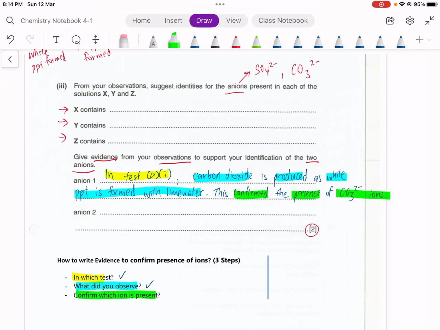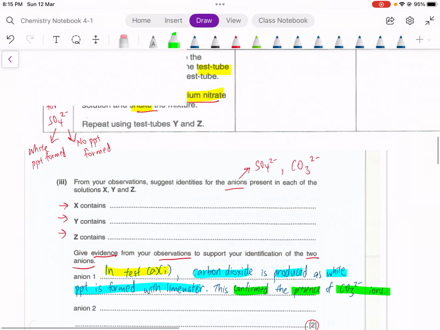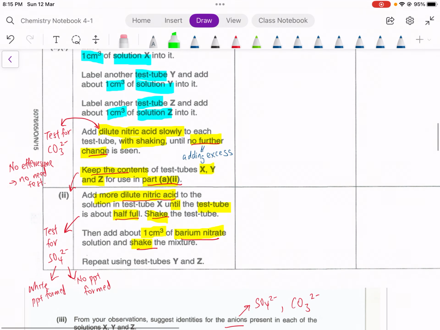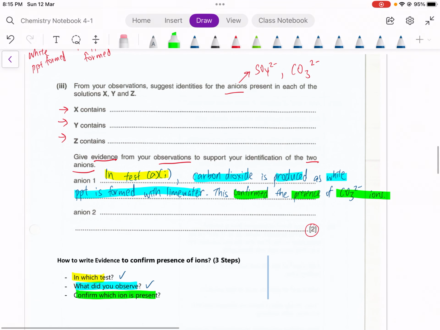So next, the next one. The next anion they ask us to test is sulfate. Same thing as well, so let's write down. In test A part 2, how do we know that sulfate is present? Because of what we observe. So what do you observe?